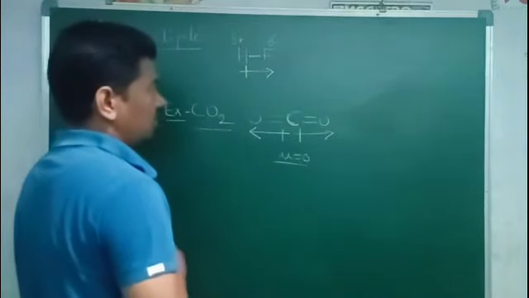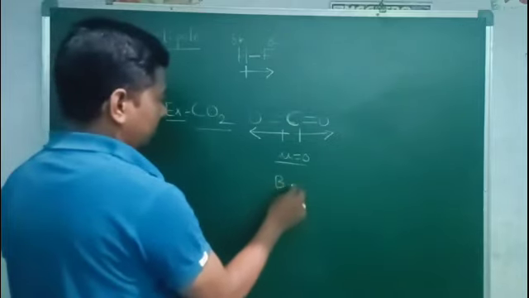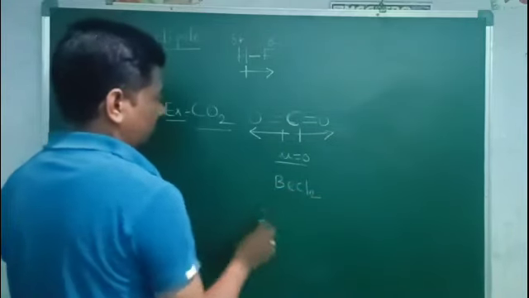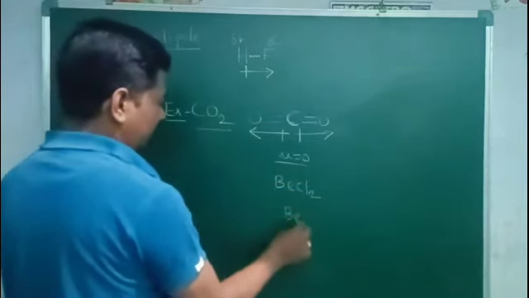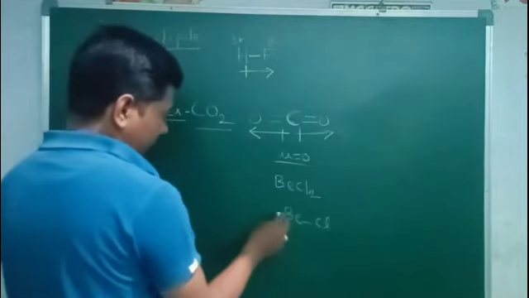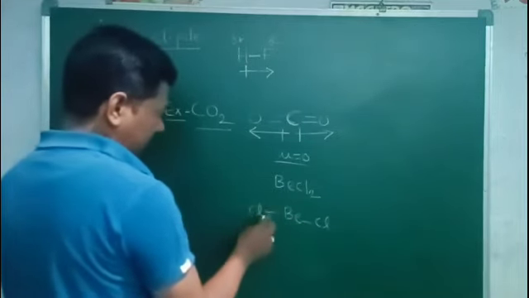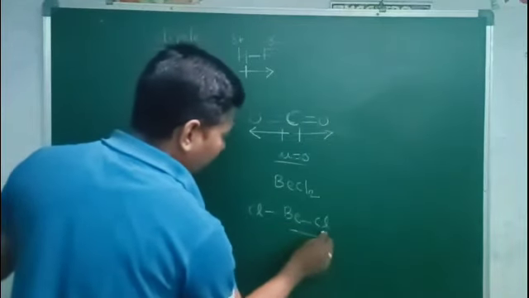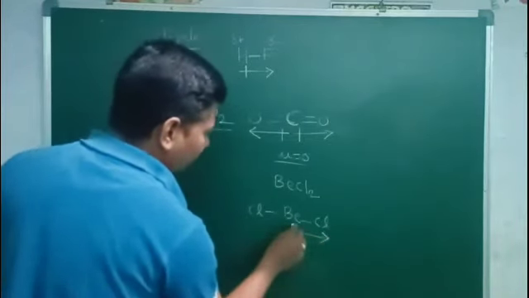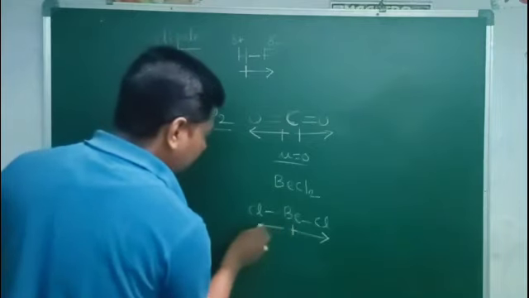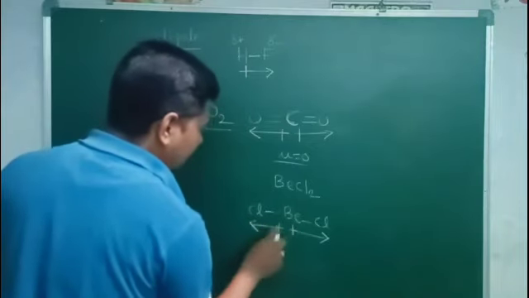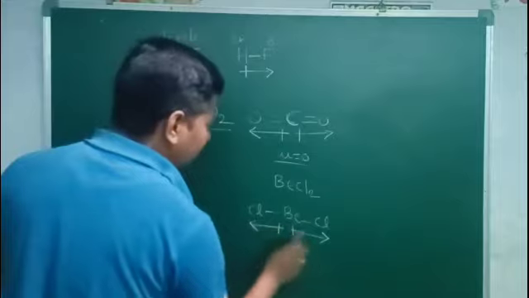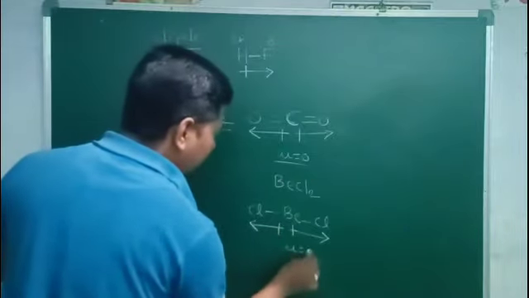Next, the BeCl2 molecule. In this molecule, beryllium is bonded with two chlorine atoms. In this case, one of the two dipoles is moving in this direction and the other dipole is moving in the opposite direction. So both cancel each other. In this case, mu is equal to 0.